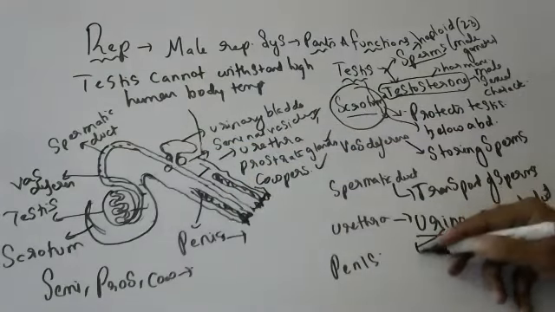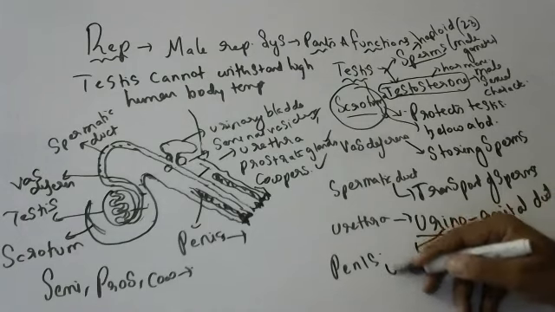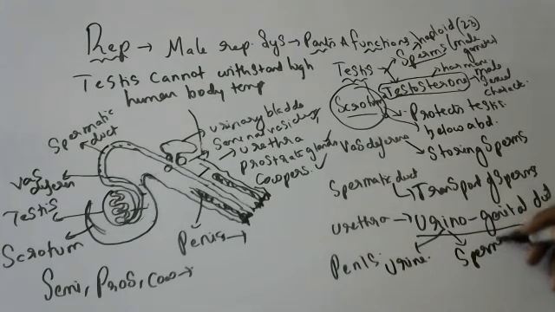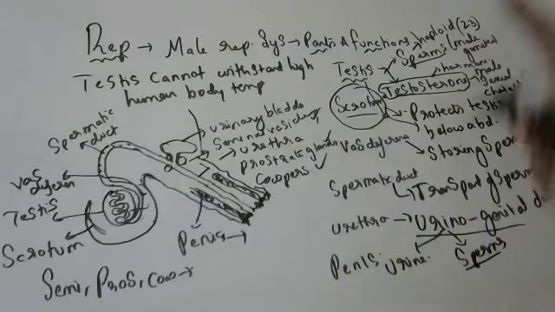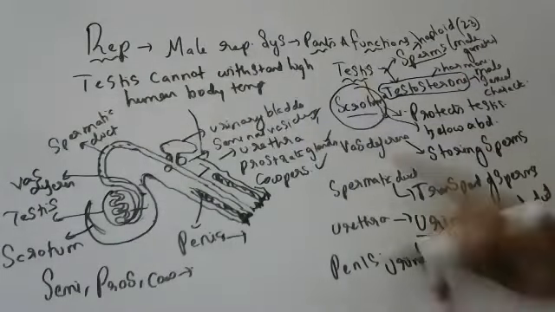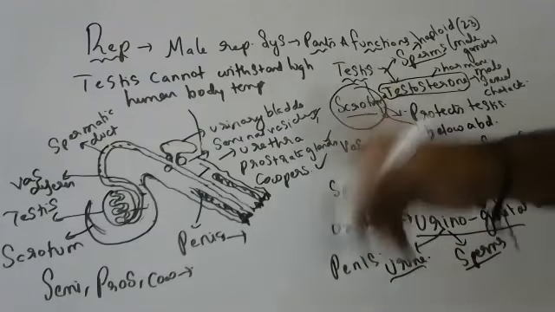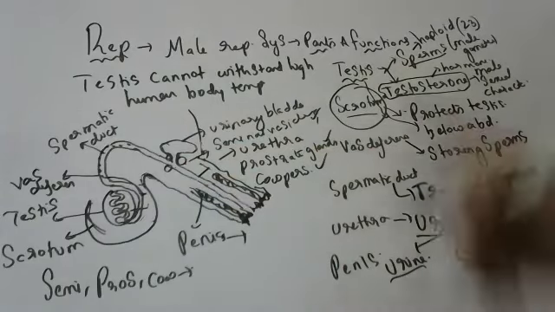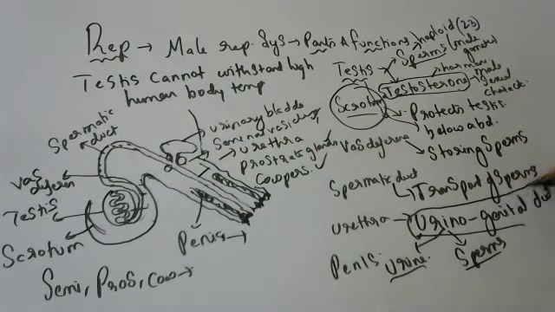This urethra helps in passage of urine and also passage of sperms. Sperms won't come always, children. Only during sexual intercourse, sperms will come. Remaining time, urine will come. Because urine and sperms are coming from the same passage, urethra in males is called urinogenital duct.